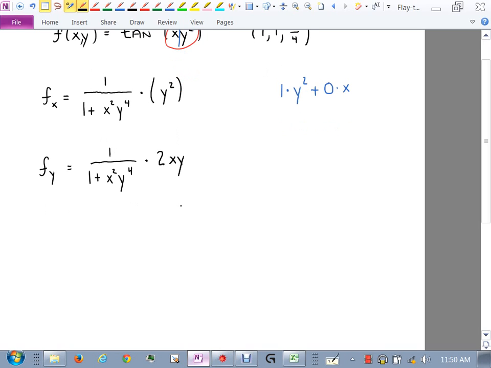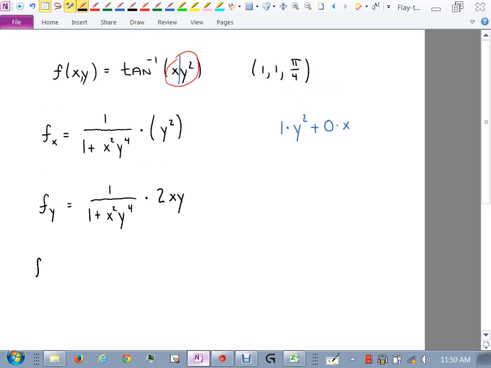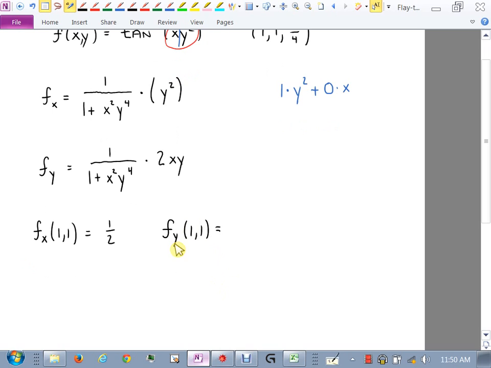Now let's go ahead and figure out what the derivative with respect to x is at the point 1, 1, right? Because I gave you what x naught and y naught were here. At 1, 1, plug it in there, and what do you get? 1 over, that's 1, so 1/2 times 1 squared, so it's just 1/2. The partial of f with respect to y at the point 1, 1 is what? 1, right?